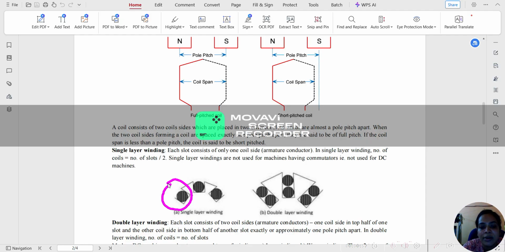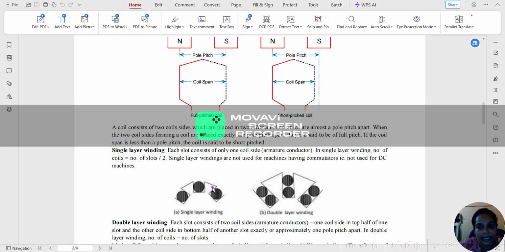So in each slot, one conductor will be placed. If the slot connections are like this, we will call it single layer winding. That means in a single layer winding, the number of coils is equal to the number of slots divided by 2, because there will be only a single coil side.